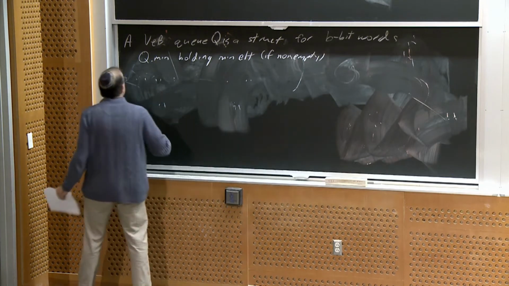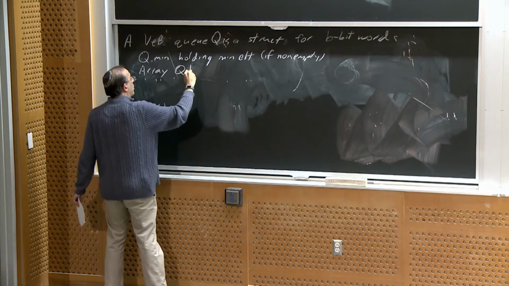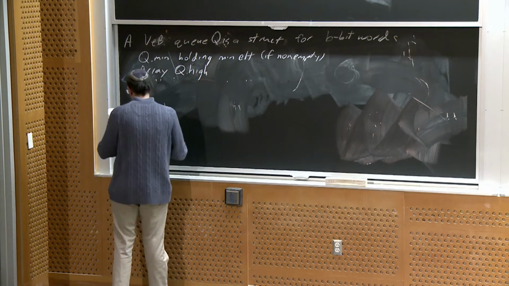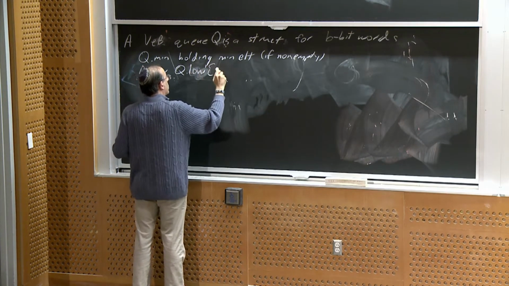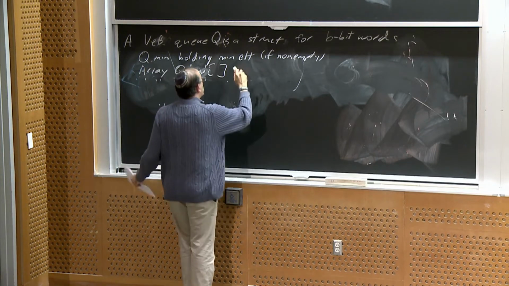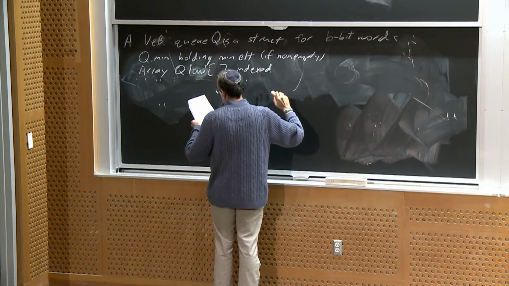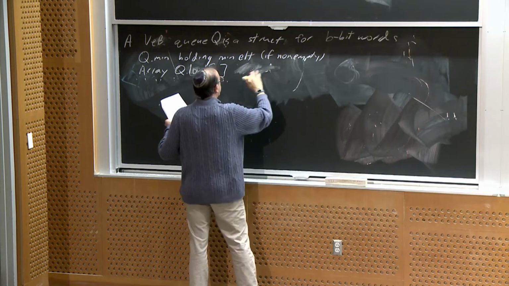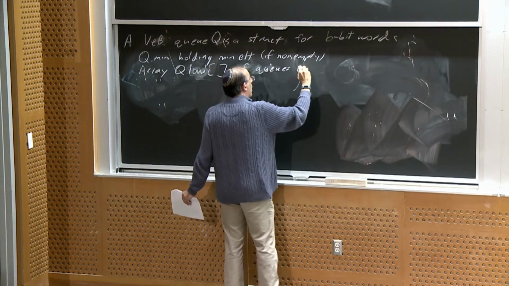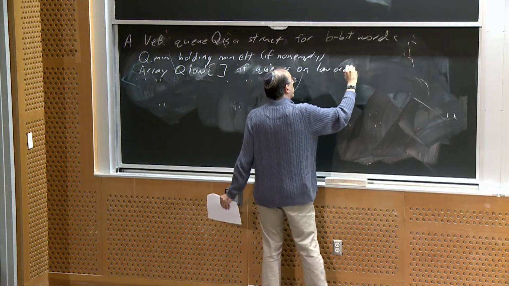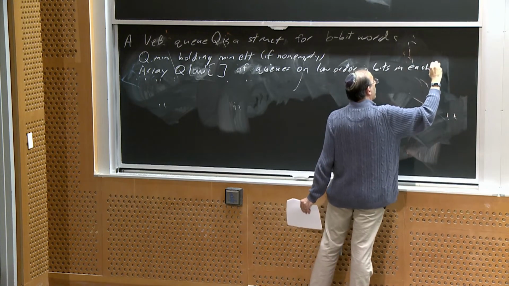Okay. Secondly, an array called q.low, which is indexed by an array of queues on the low order bits in each of our buckets.